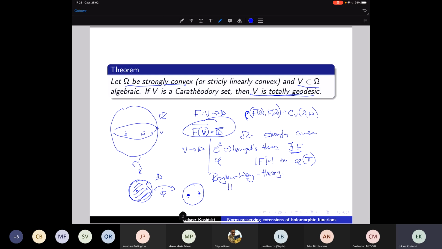Then we know that f is equal to 1 on phi star of t.